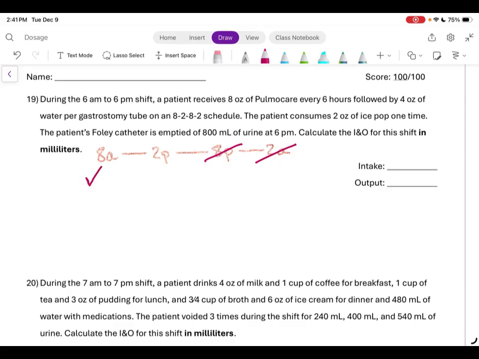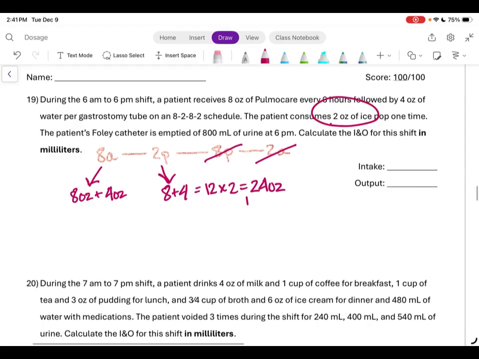At 8 a.m., you're going to go in and give 8 ounces of Pulmocare, followed by 4 ounces of water. At 2 p.m., you're going to go back in and do the same thing, 8 plus 4. 8 plus 4 is 12. We did it twice during our shift, so times 2. So we gave a total of 24 ounces. Again, don't forget about the ice pop, another 2 ounces for a total of 26 ounces.